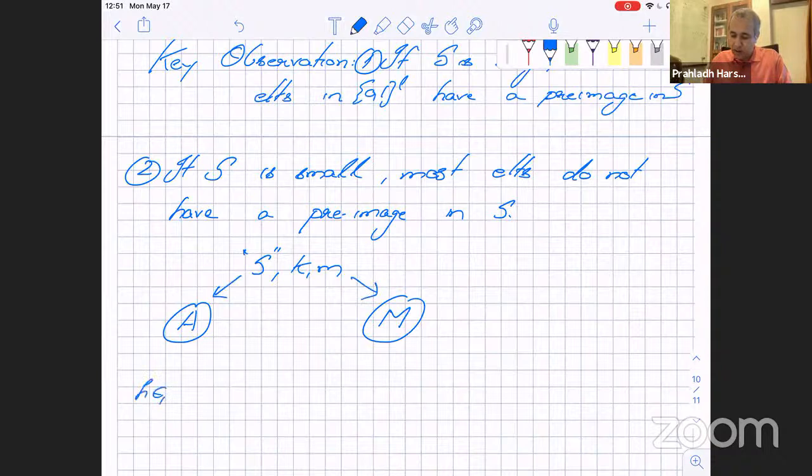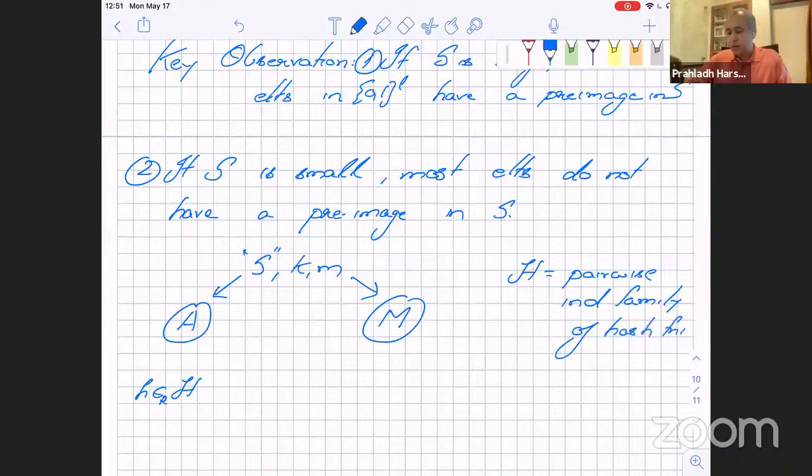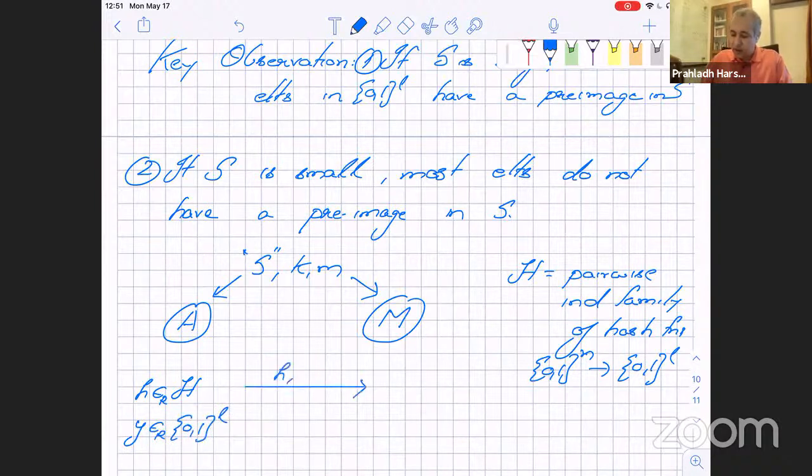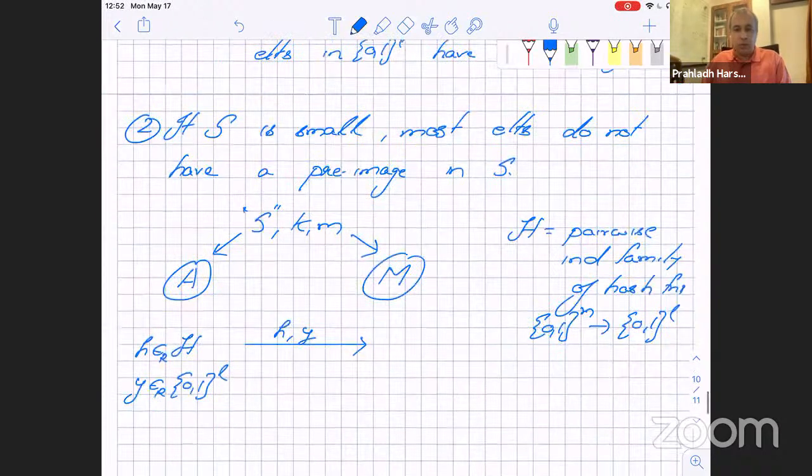He picks H randomly from a pairwise independent family of hash functions from {0,1}^m to {0,1}^L. We saw this already. He first picks a random hash function, then he picks a random element Y in the range {0,1}^L, and he sends both H and Y to the prover.